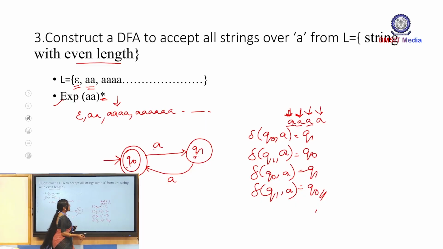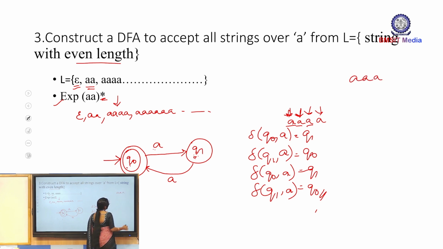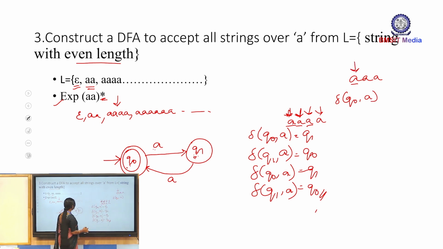So similarly, let me take one more example where I have three occurrences of A, and check whether this is accepted by the design that we have done. Now starting with Q0, I'll start with the start state. So delta Q0, on seeing the very first symbol A, you can see that it makes a transition to Q1.